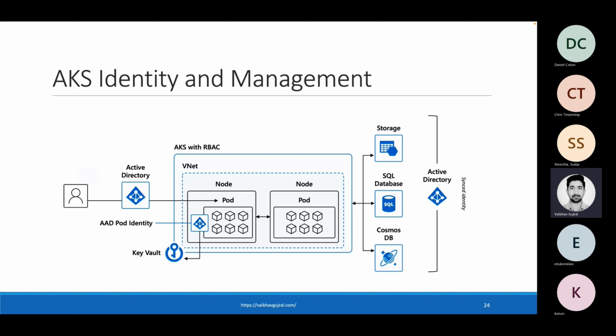But AKS takes it one step further. Now you can actually integrate Azure Active Directory with your Kubernetes RBAC. Then you can directly give access to your Azure AD users and groups to your AKS cluster. And that's not limited to that. Microsoft has also created specific role-based access control roles inside Azure so that you can give permissions to your administrators who can go and maintain your AKS clusters.